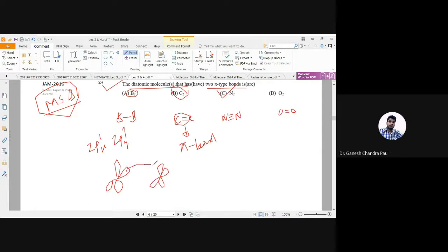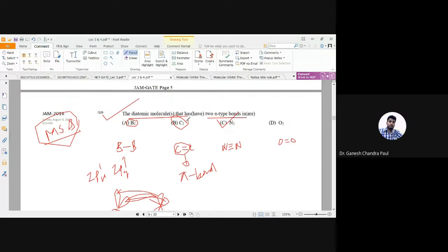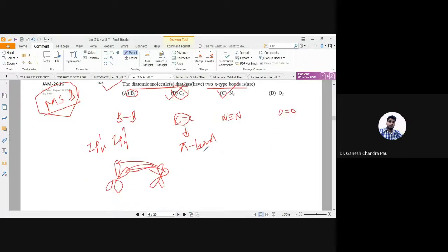All this sort of overlap is not generating sigma bonding. This will interact with this one and that will interact with this one. So therefore, the diatomic molecules that have two pi bonds are B and C. Okay, clear?